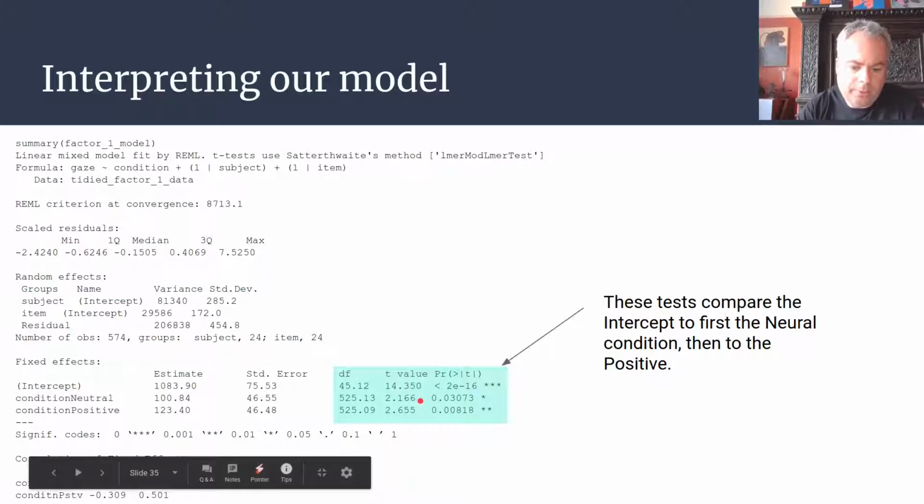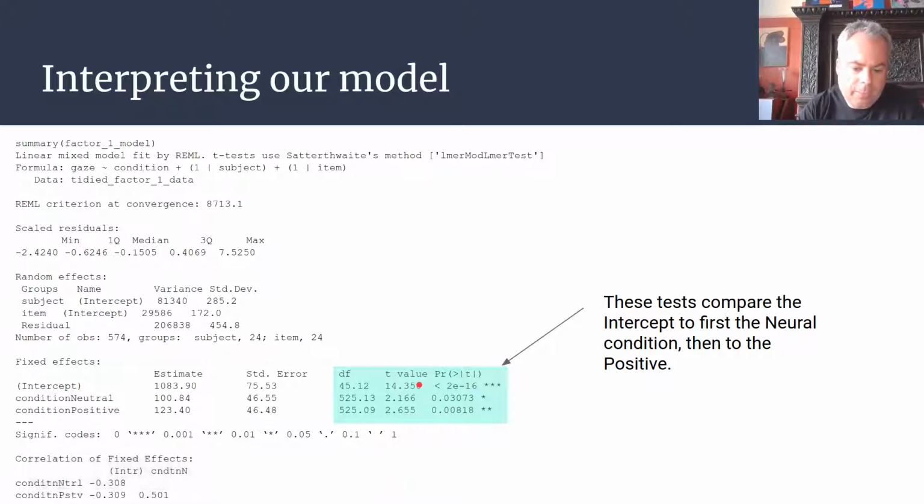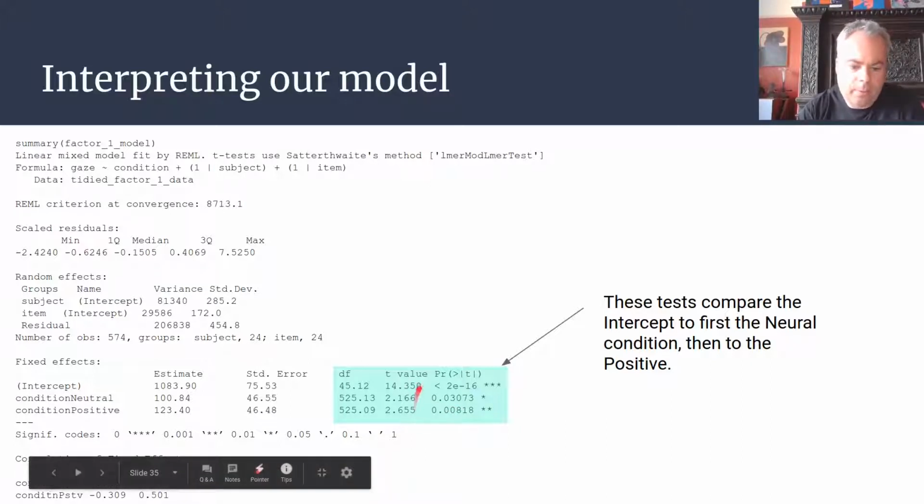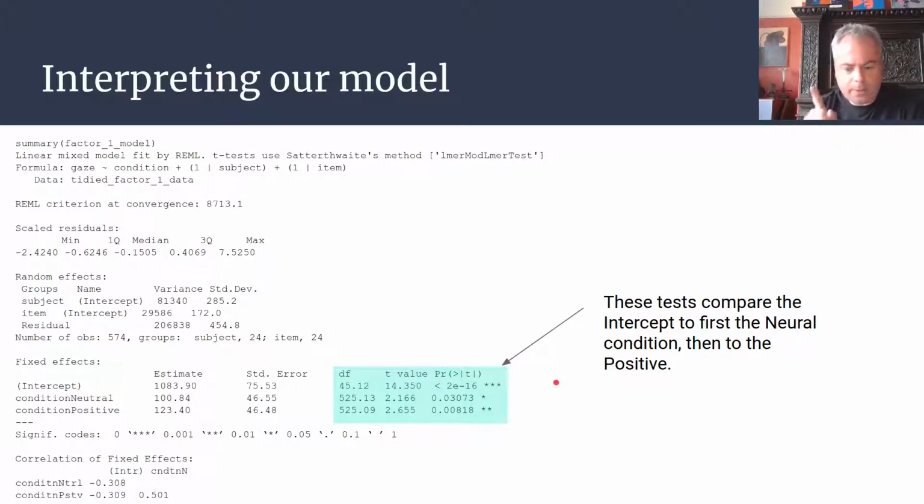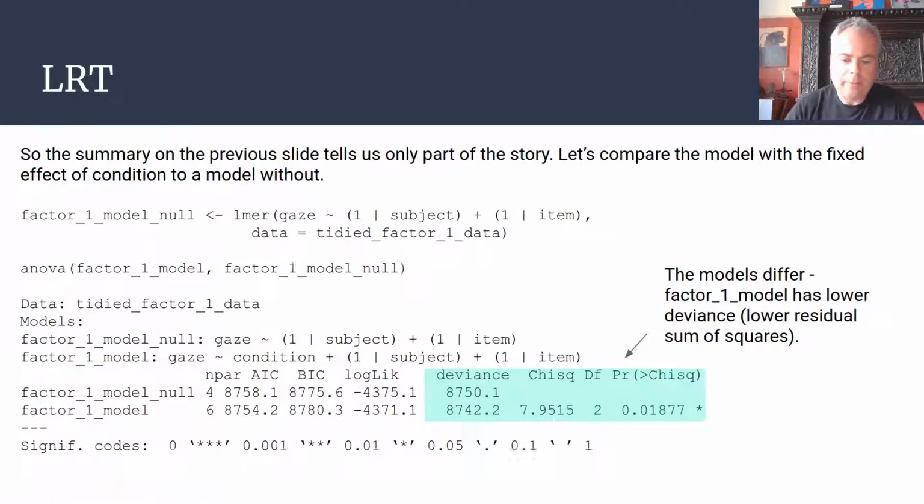We've got two comparisons, neutral versus negative condition and positive versus negative condition. Now, of course, you probably think, well, there's one comparison that isn't present here, which is neutral versus positive. And that's one of the issues with using this default dummy coding. So actually, only part of the story has emerged so far.